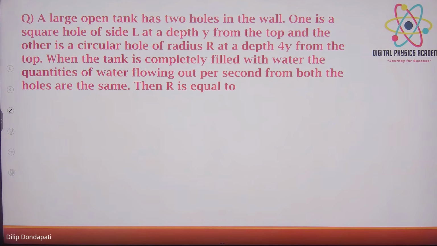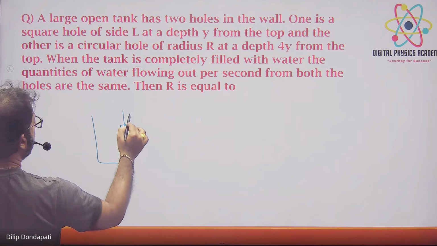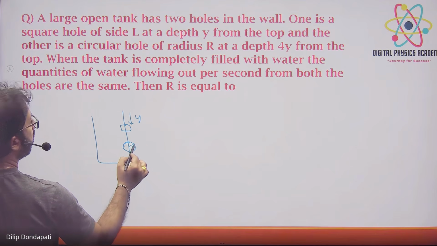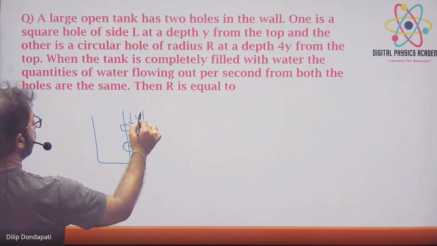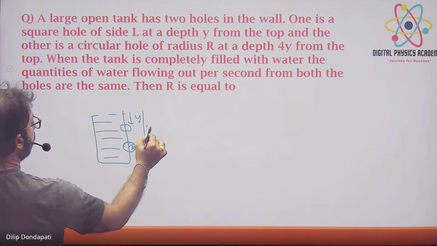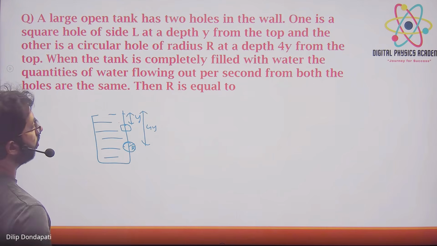A large open tank with 2 holes. One is a square hole of side L and depth y from the top, and the other is a circular hole of radius r and depth 4y. Draw the diagram. Here is a square hole at depth y, and here is a circular hole of radius r and depth 4y from the surface.